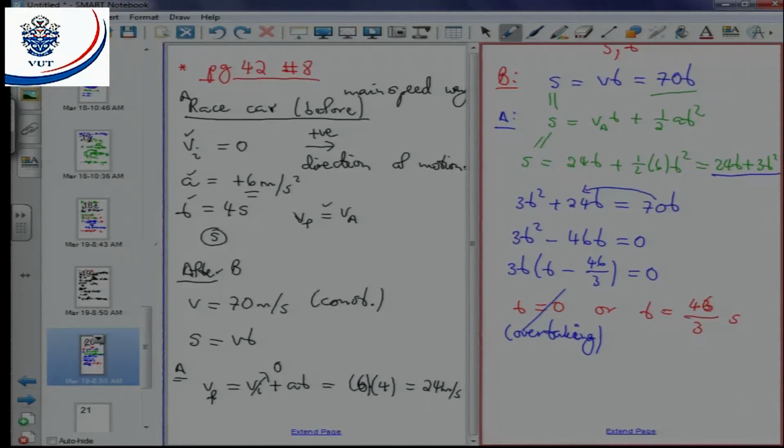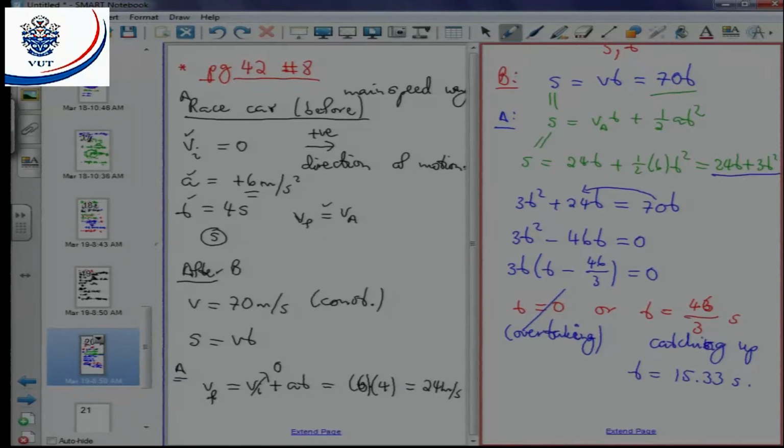And our solution for catching up would be after 46 over 3 seconds. Okay, so it's about 15.33. So T equals 15.33 seconds. Okay, what was the question? The question is how much time is required for it to catch the other car, and that's the 15.33.